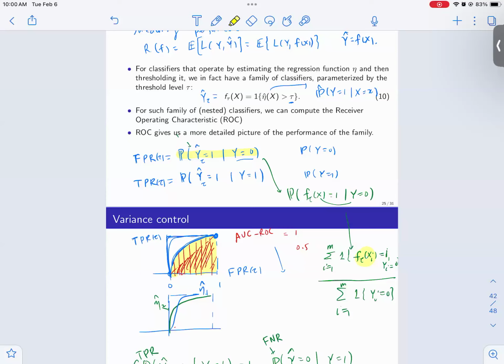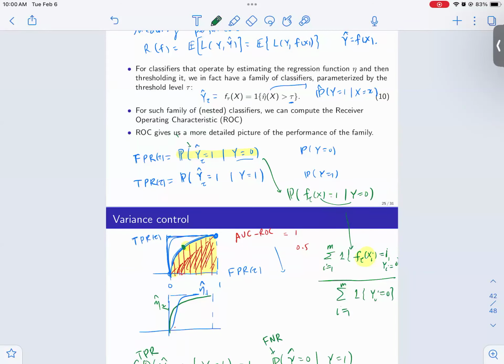Any other questions? Yes, so when you have a different tau, would you have a different ROC? No, the entire range of tau would produce a single ROC. For a given tau, you get just one point here.